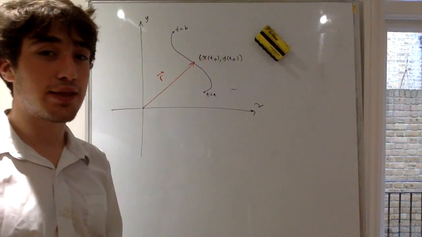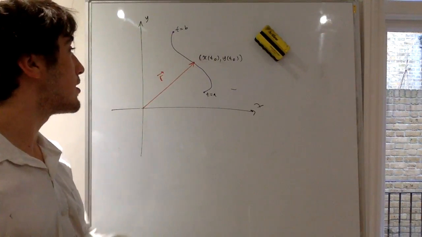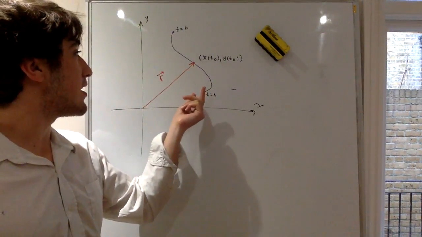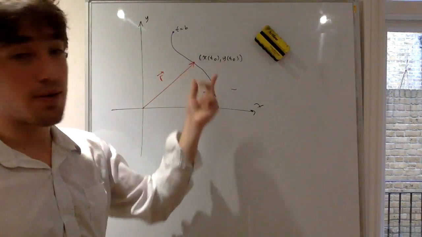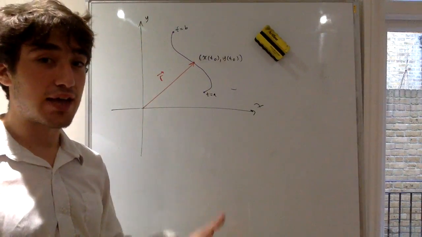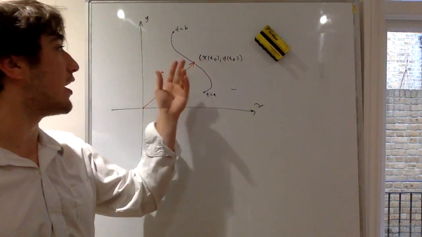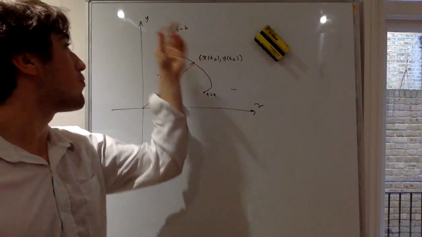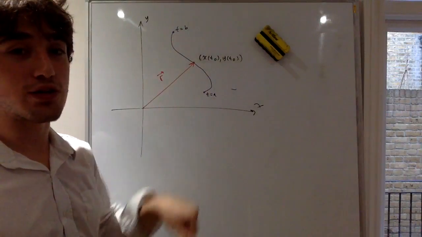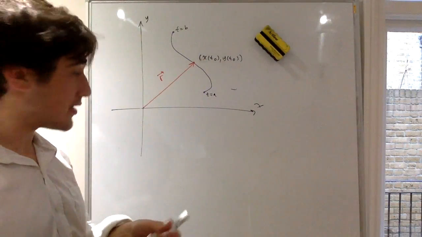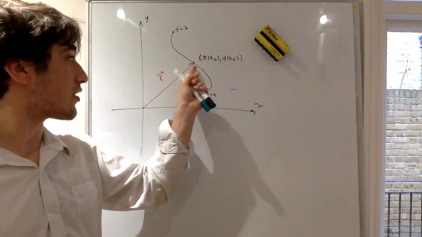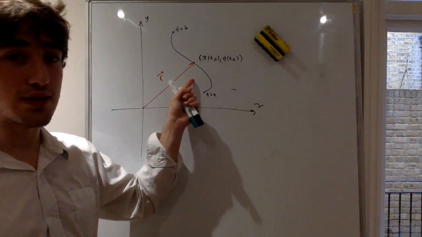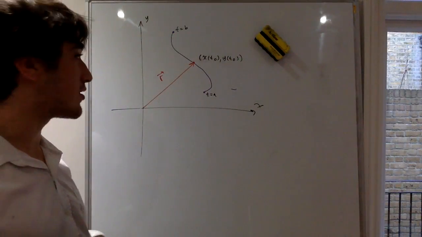Now we're going to combine the two concepts here. Remember that I said any point that lies on this parametric curve is given by x of t and y of t. And if I pick an arbitrary value of t, t0, then I get a point on this curve. And I can represent that point with a position vector.